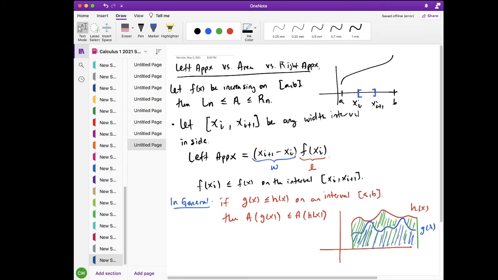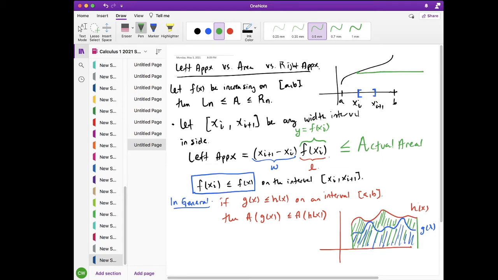Okay, so that means that if f of x_i is less than f of x on the interval, then if this is the area of the left approximation, this has to be less than the area of the actual, right? Because what is f of x_i? This is like the horizontal line y equals f of x_i.